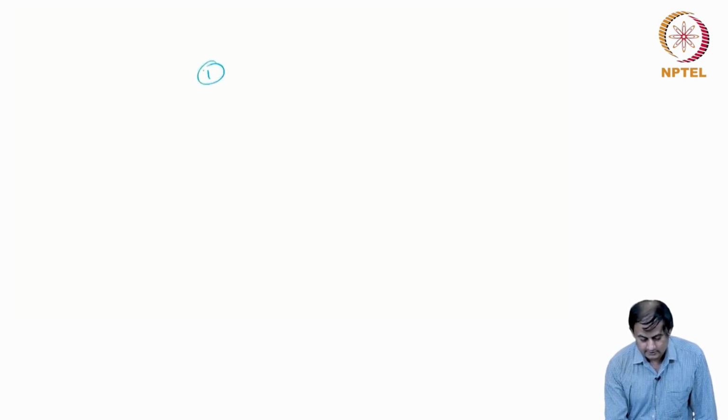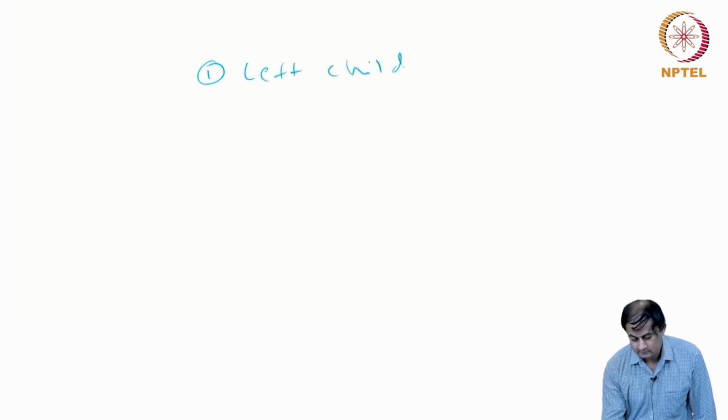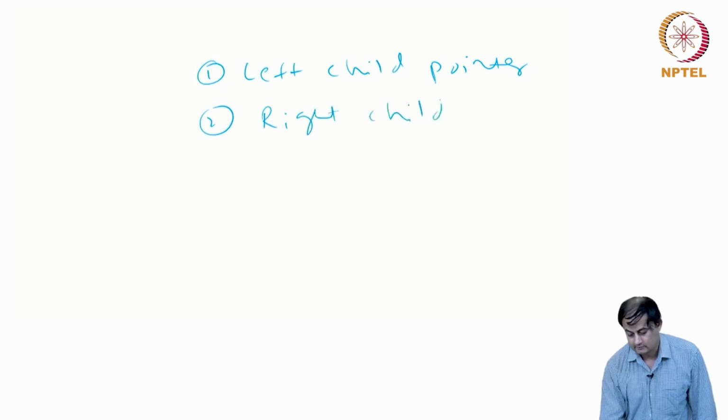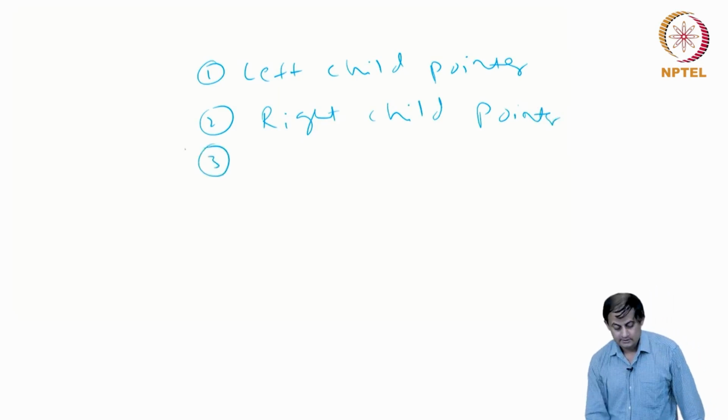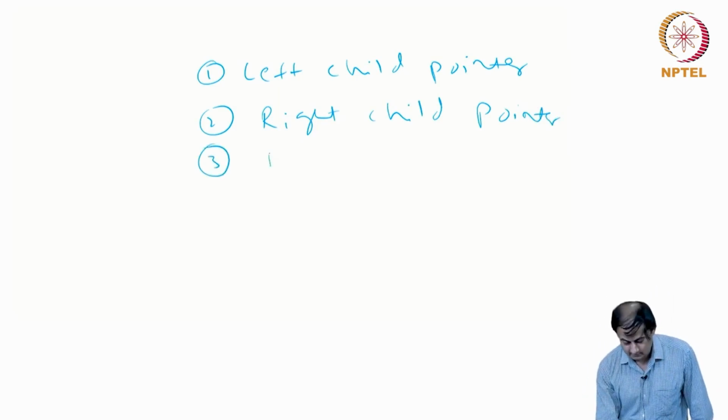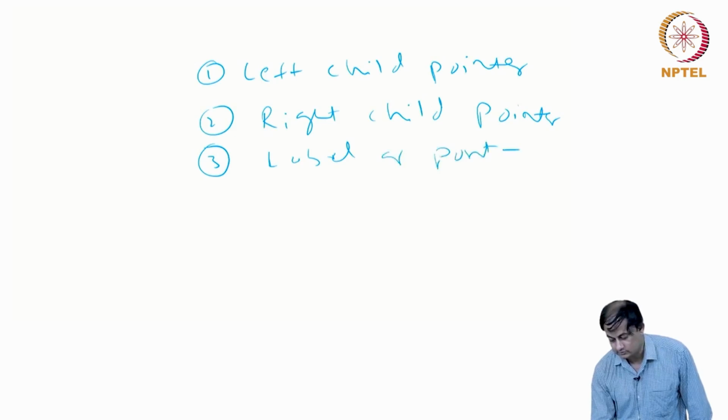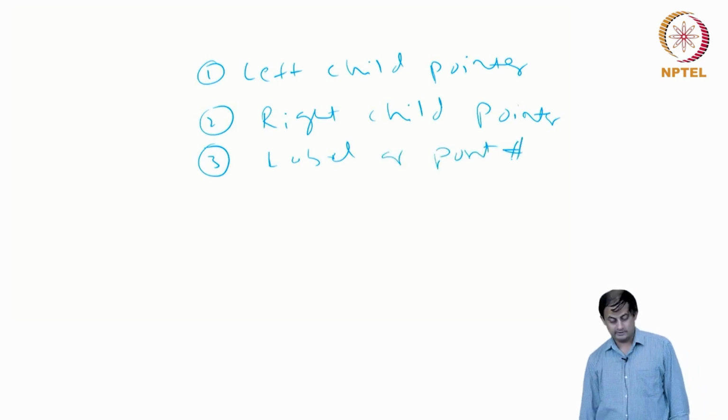One is a pointer to the left child, the second is a pointer to the right child, and the third is a label, or the port number on which the packet needs to be forwarded.